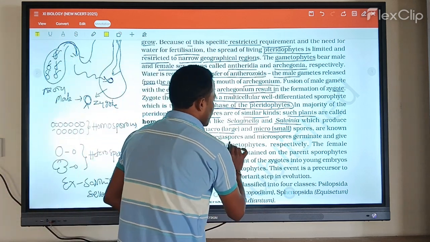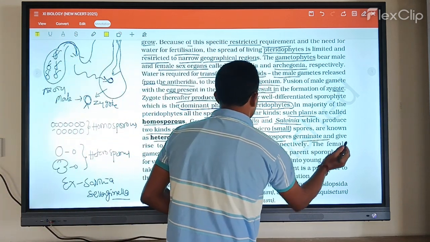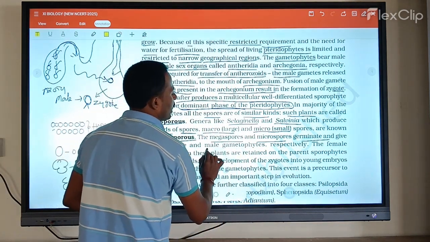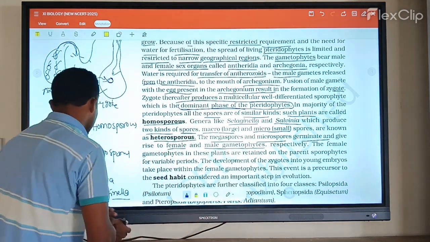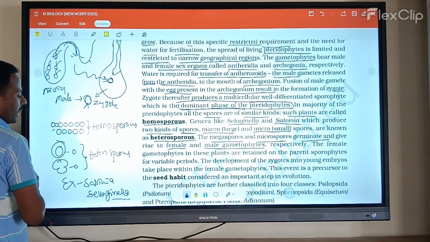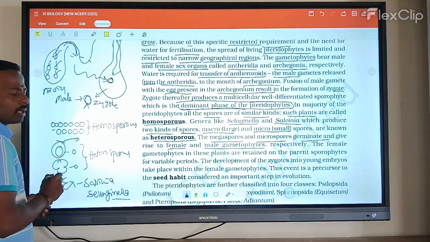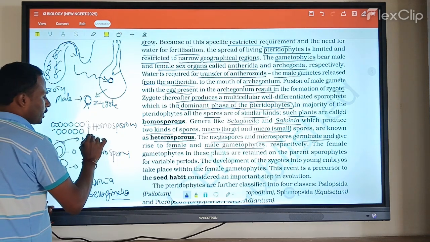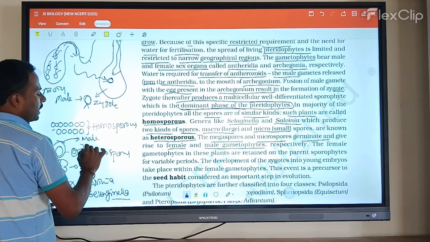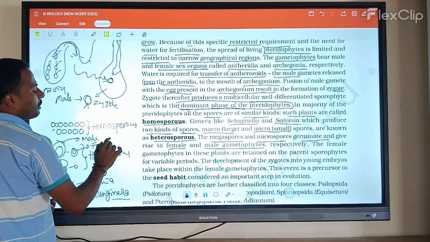Now, the megaspores and microspores germinate and give rise to the female and male gametophytes. The male spore produces the male gametophyte, and the female spore produces the female gametophyte.